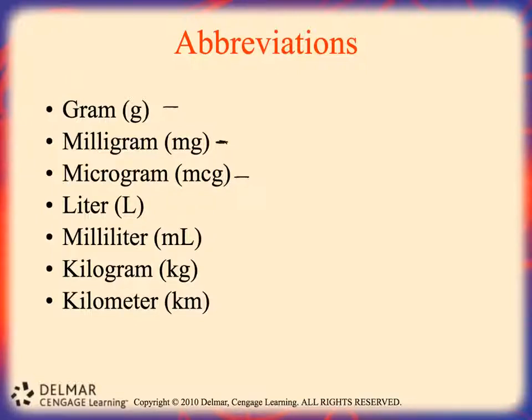Then you've got liter, which is your basic unit of measure, and a milliliter, which is smaller. We talked about gram up here. Well, a kilogram is larger than a gram. And then with your meter, a kilometer is larger than a meter.